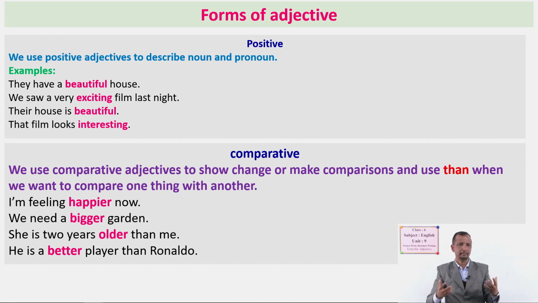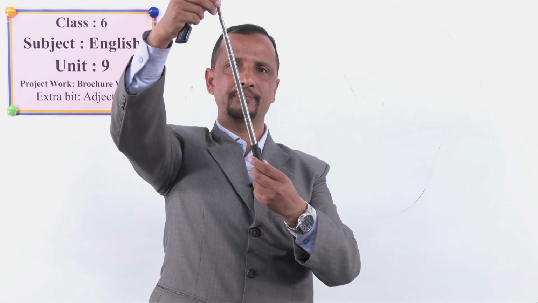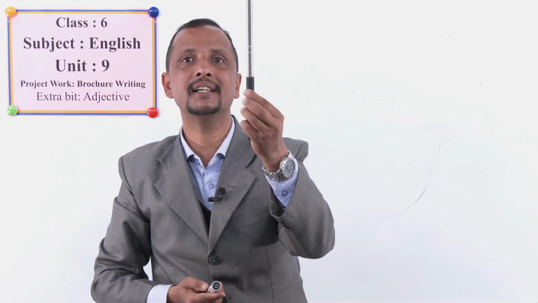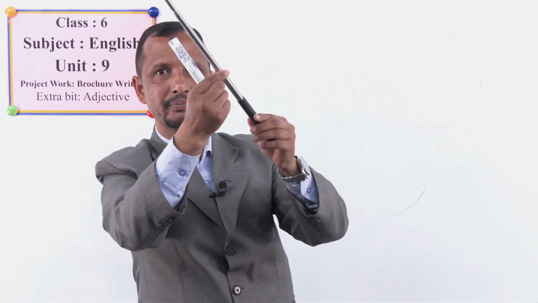Now next one, comparative. We use a comparative adjective to make a comparison, and we use than, T-H-A-N, when we want to compare one thing with another. For example, let's see here. This stick is bigger than this one. Which one is bigger?